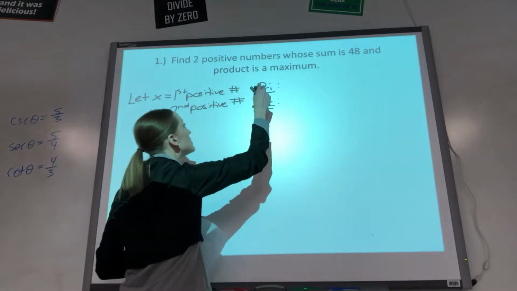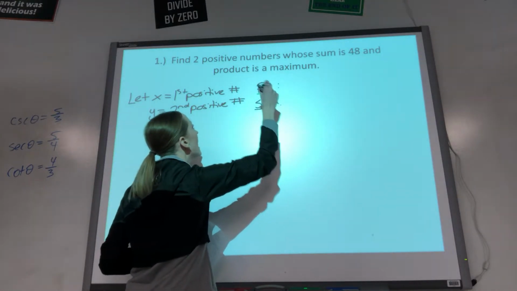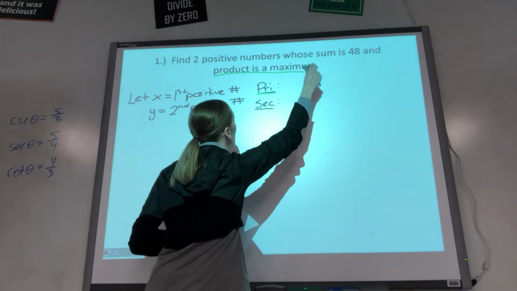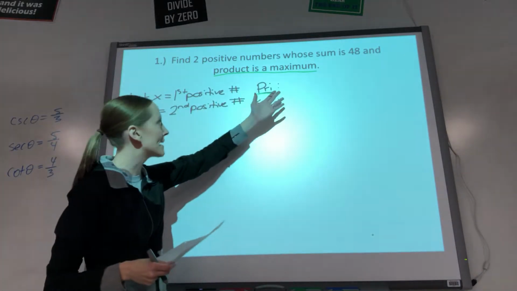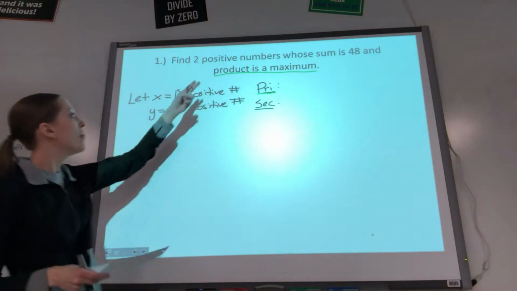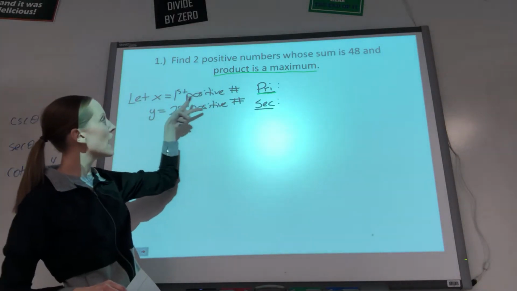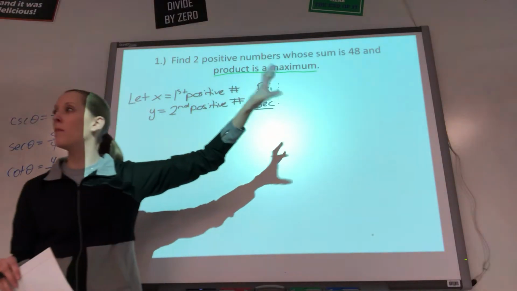So maybe I could do some color coding here. I'll make that green. This right here is the part that's talking about a maximum. It says the product of those 2 numbers is a maximum.